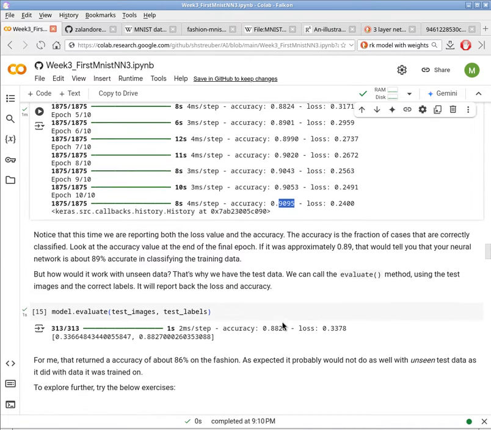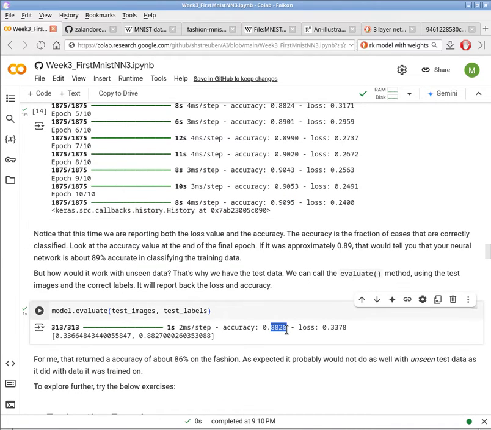And then when we gave it the test data, this was 88%. So 3% of difference. And 3% of 10,000 is what? 300, right?